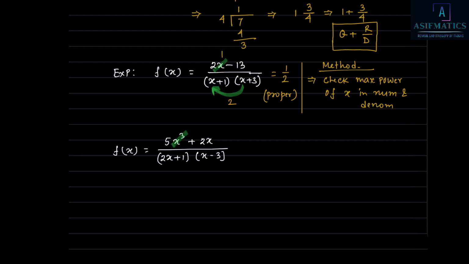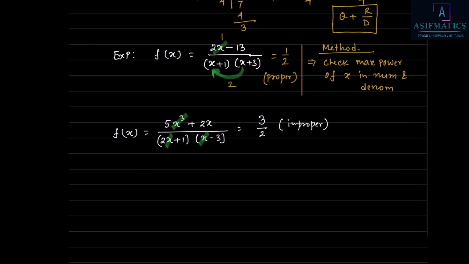The maximum power of x in numerator is 3. And the maximum power of x in denominator is x times x, that will be x square. So the maximum power of x in denominator will be 2. So this is clearly an improper fraction, because your power of x in numerator is higher than the power of x in denominator.